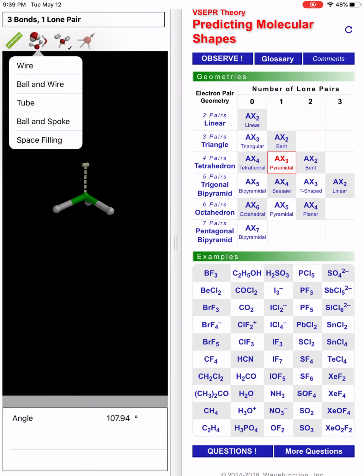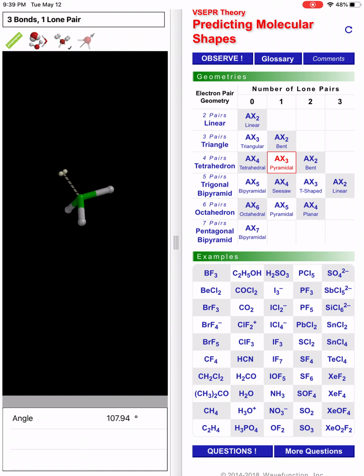So what happens when I take away another atom and replace it with a lone pair? Okay?